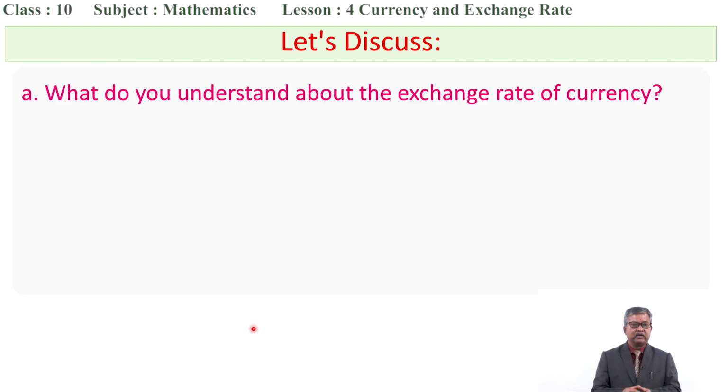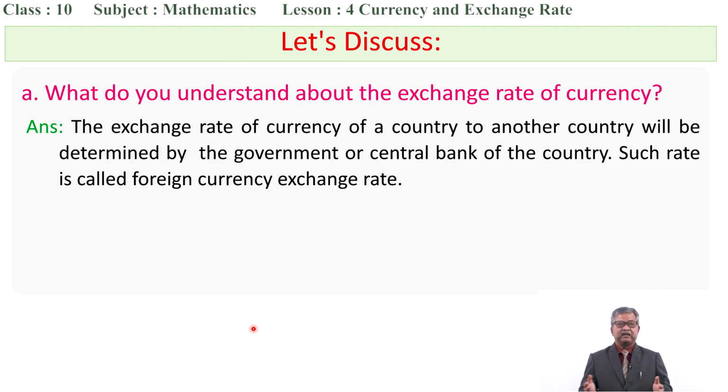Just for example, question one: what do you understand about the exchange rate of currency? What do you mean by the exchange rate of currency? The exchange rate of the currency of one country to another country is determined by the government or central bank of the country.